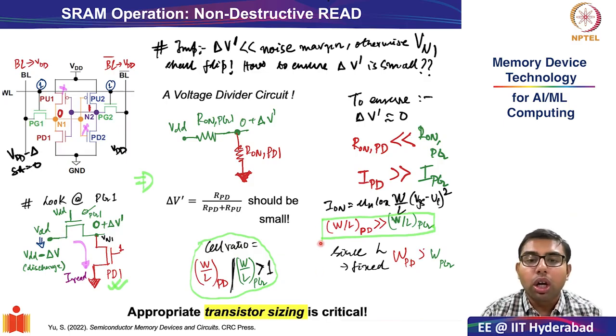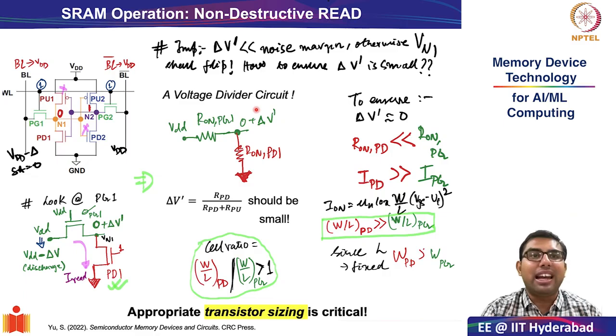And we also saw how, by maintaining an appropriate cell ratio through transistor sizing, we can ensure that the delta V dash which develops on the internal storage node 0 is kept to a minimum, and therefore we facilitate a non-destructive read.